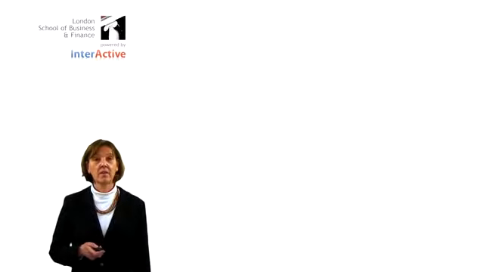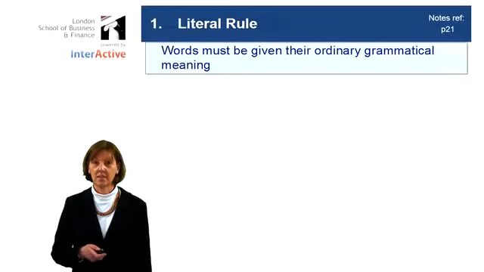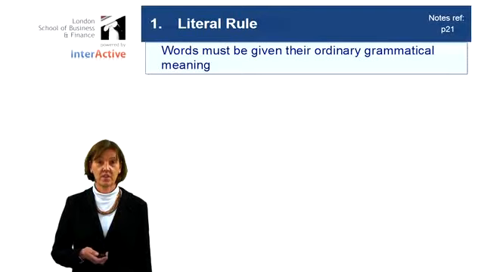So rule number 1, the literal rule. It says words must be given their ordinary grammatical meaning, which actually can sometimes mean legal meaning. And what we really mean here is the dictionary meaning. So if the judge doesn't know the meaning of a word, just like you and I, he looks it up in a dictionary.